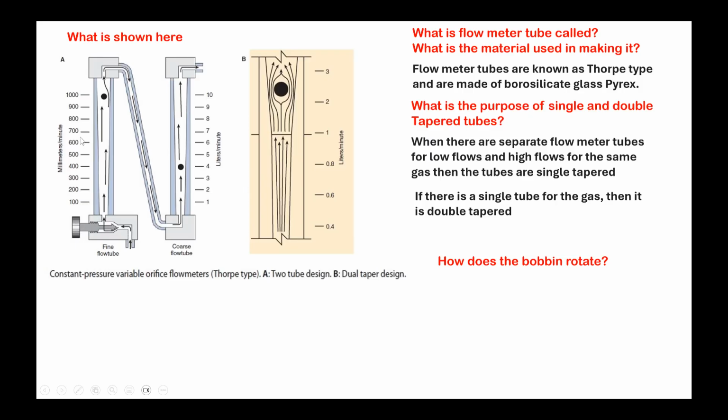So how does the bobbin rotate as you see in your day-to-day machine? Have you all not seen the bobbin at closer range? Clockwise rotation. Clockwise direction. How is it rotating? What makes it rotate?